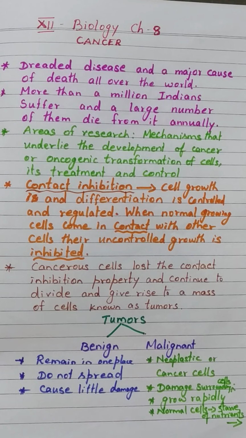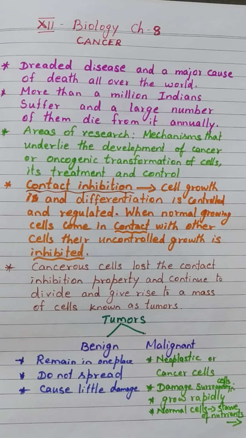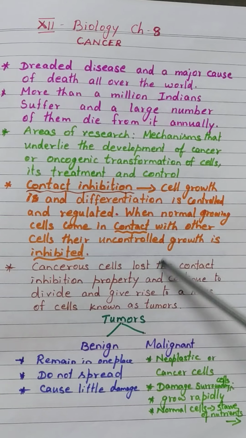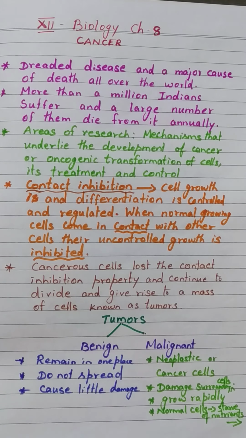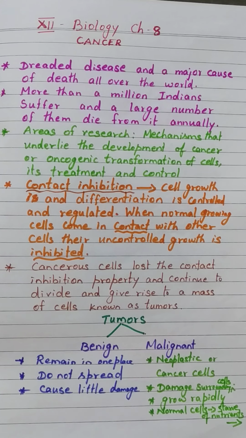When normal cells grow in size and come in contact with other cells, their uncontrolled growth is inhibited. That's why afterwards they won't increase in number or size. Their growth is inhibited, that means stopped. That is the normal cell growth.